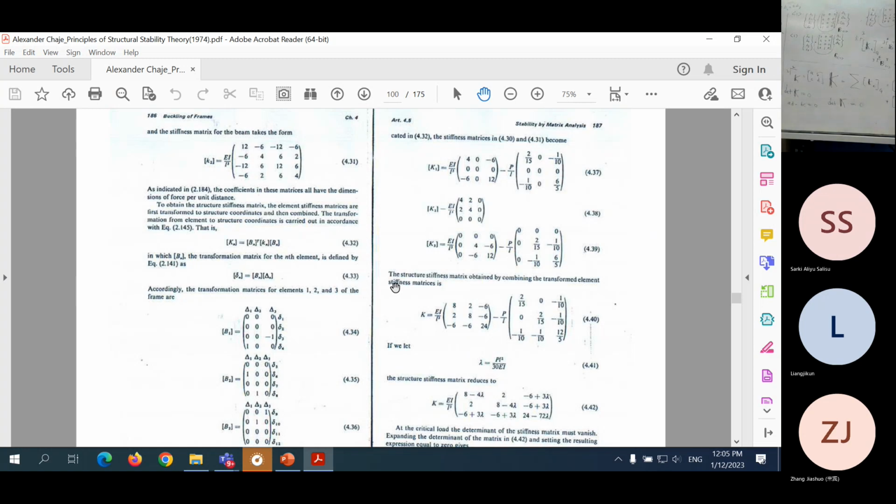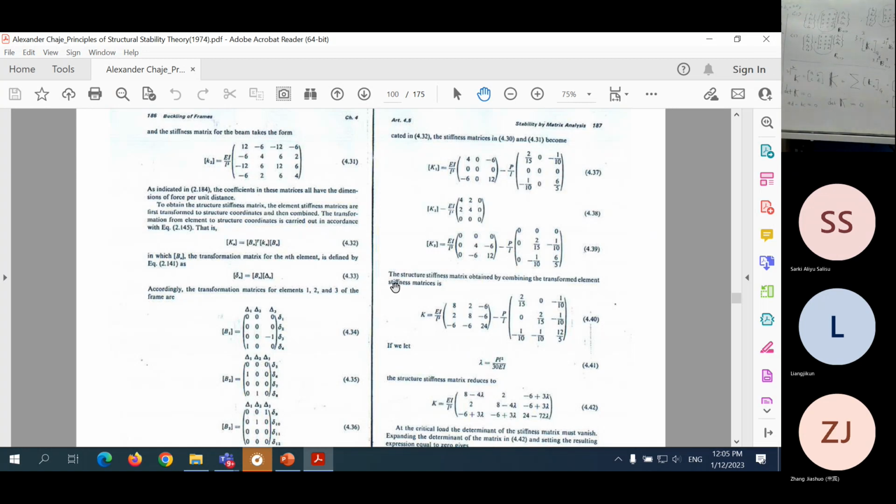So this is where you can refer to the detail that I explained: how to get the B, how to combine them, and what the K is for elements 1, 2, and 3. For the beam, you don't have this part. For the column, elements 1 and 3, you have this part.